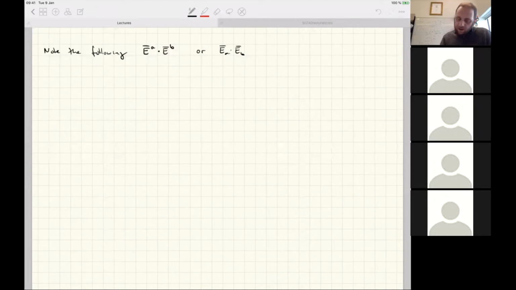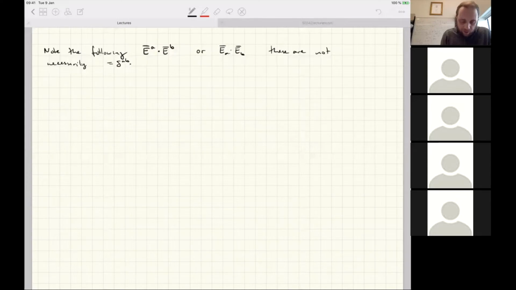These are not necessarily equal to delta AB. It's only going to be true in what we call orthogonal coordinate systems.